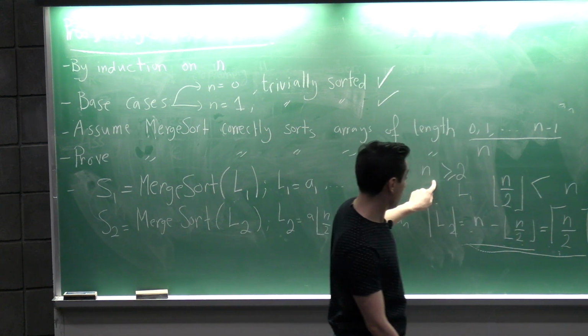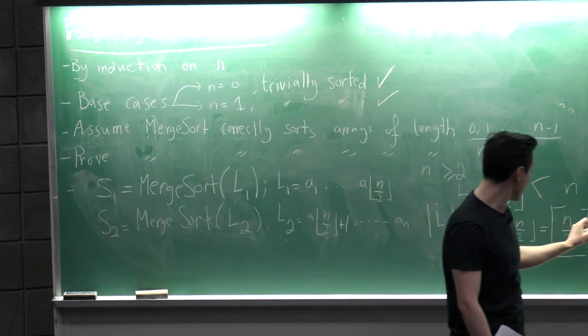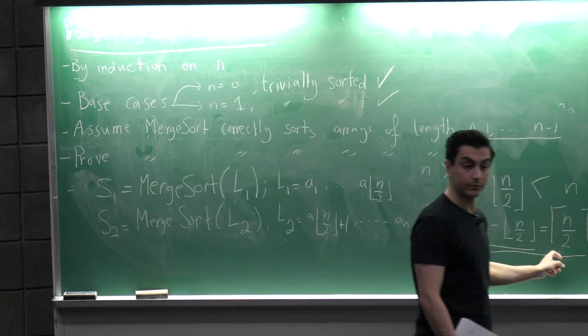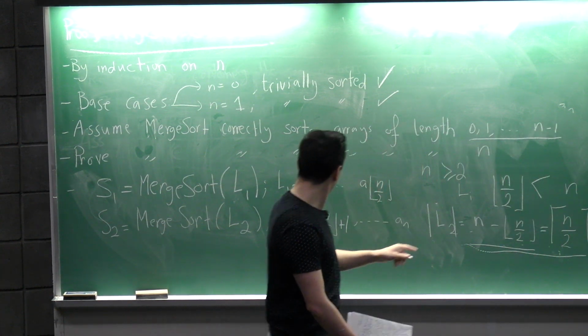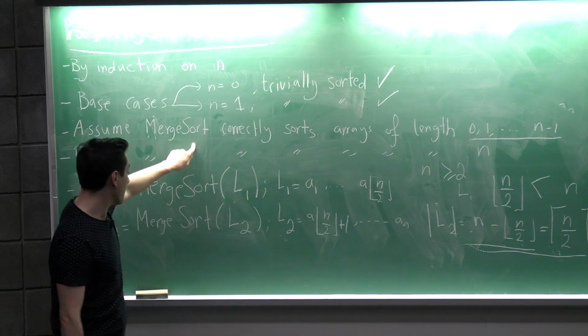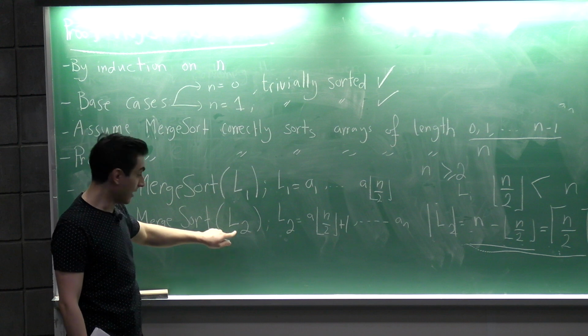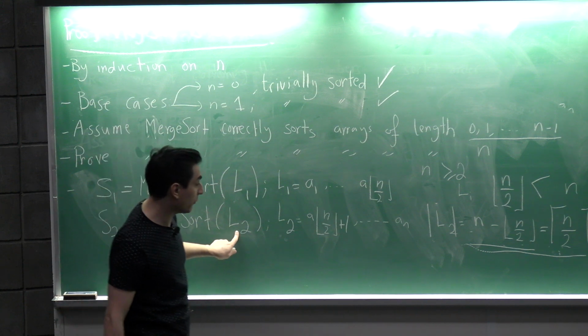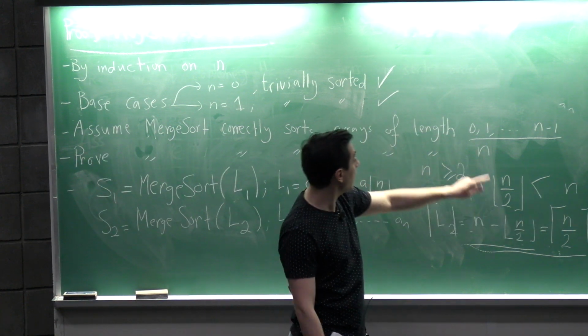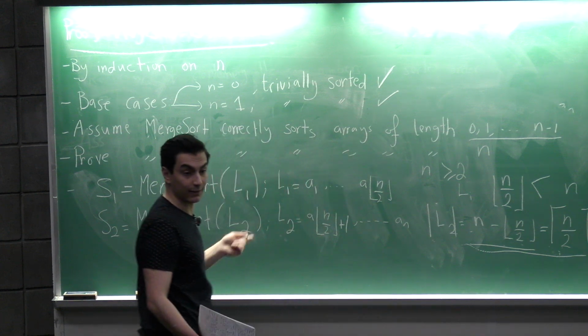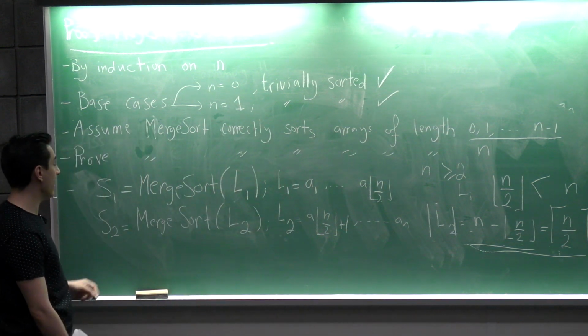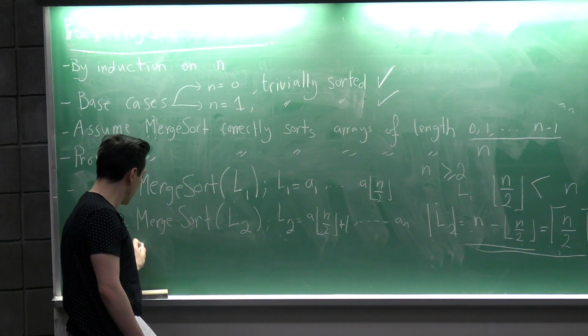And because n is bigger or equal to 2, this is definitely smaller than n. Right? So, because of our inductive hypothesis, this function should correctly sort the elements of L2, because the length of L2 is smaller than n, and we just assume that it will do that correctly. Right? So what is left? What is left is to do merge.